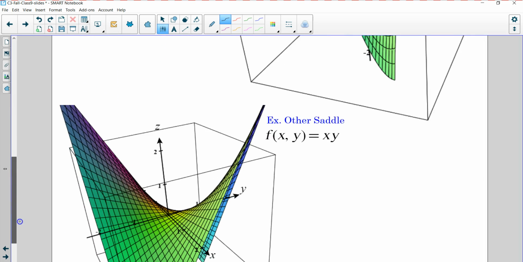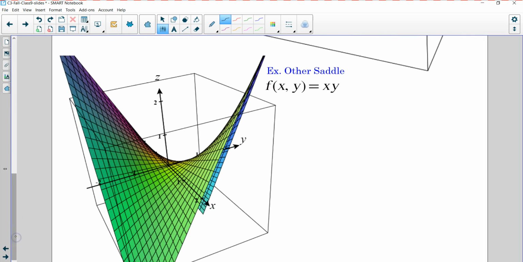Okay. Now, the next, we're going to talk about another saddle, and this one's a little bit more interesting. So this is just xy, and I think we've seen this surface before. Okay, and if we do this analytically, and I forgot to put a point here, so it's supposed to be right there, so let's call that point A. Okay.